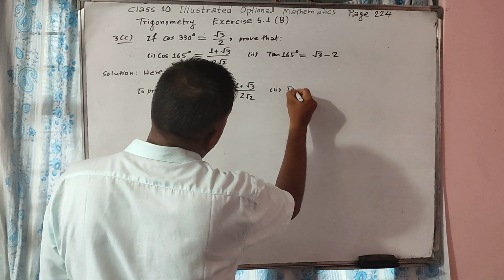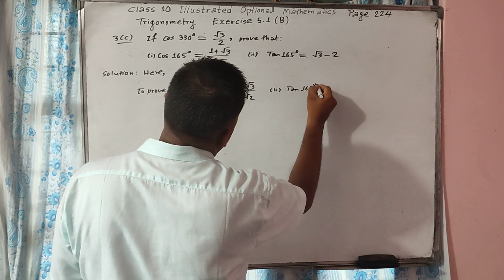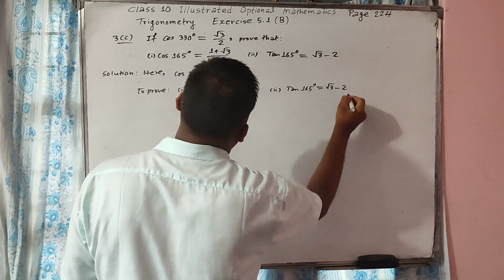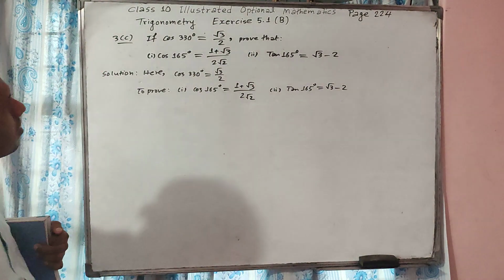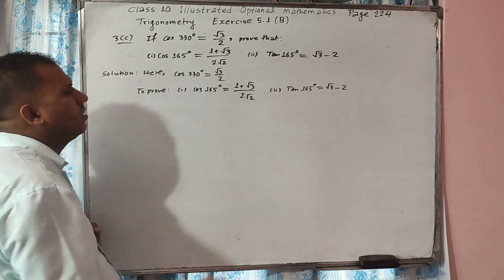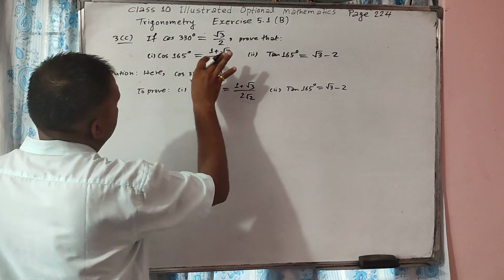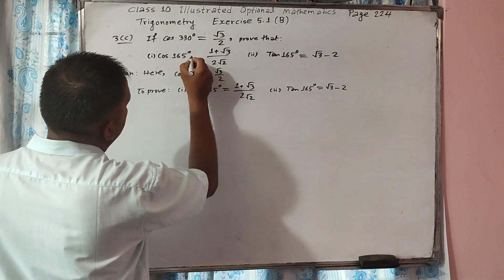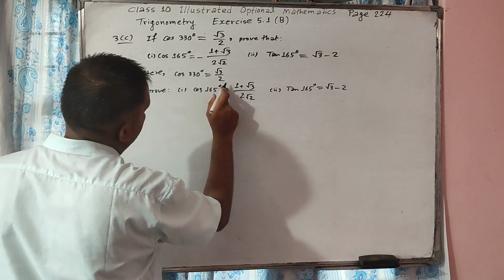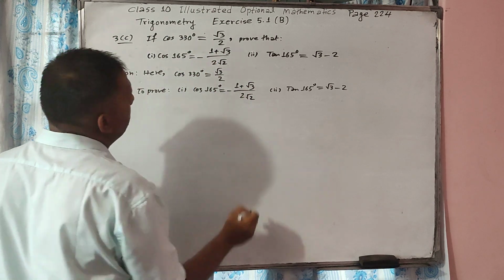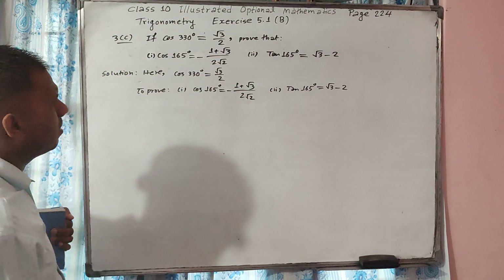Number 2, tan 165 degree equal to root 3 minus 2. Since cos 165 is in the second quadrant, where the value of cos is negative, this must be negative.